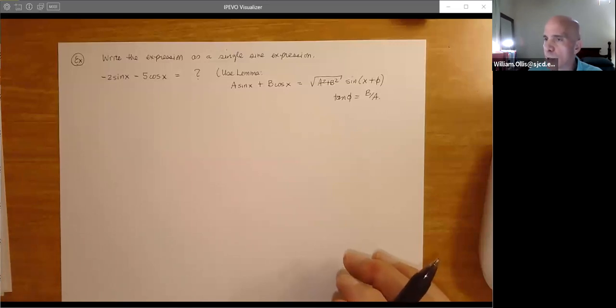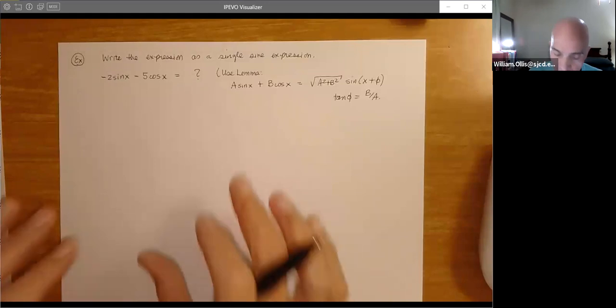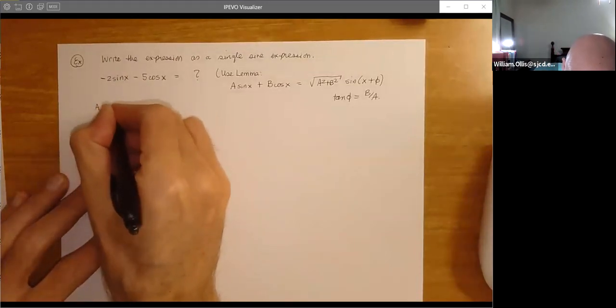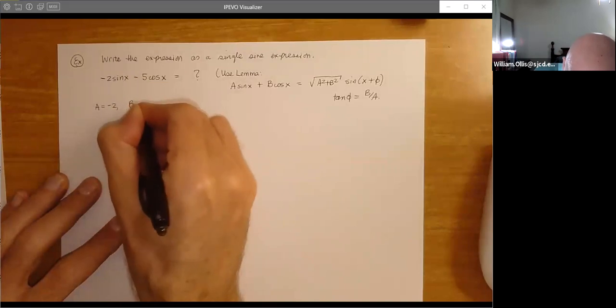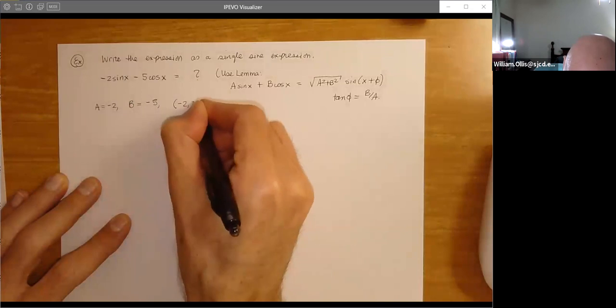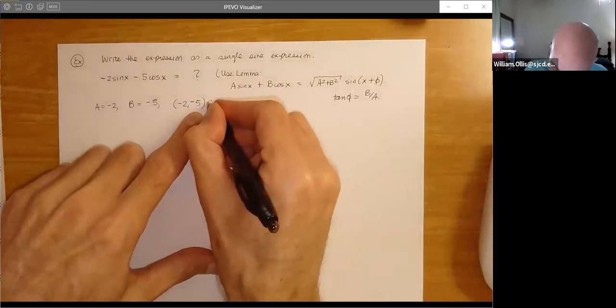It's not going to stick with you, but if you write it down a couple of times and think of the triangles, it will become more of your long-term memory as time goes on. Now we can see here A equals -2 and B equals -5. So if we think of an ordered pair here, -2, -5, this is in the third quadrant.